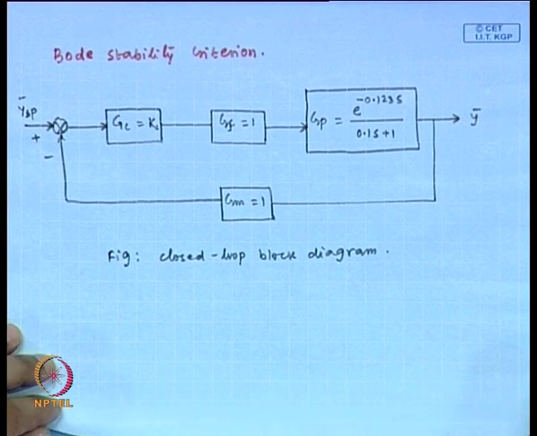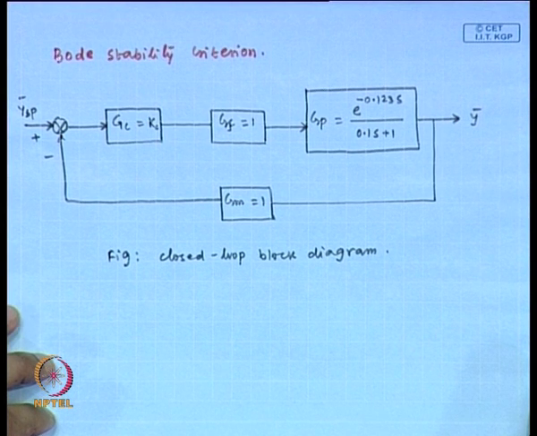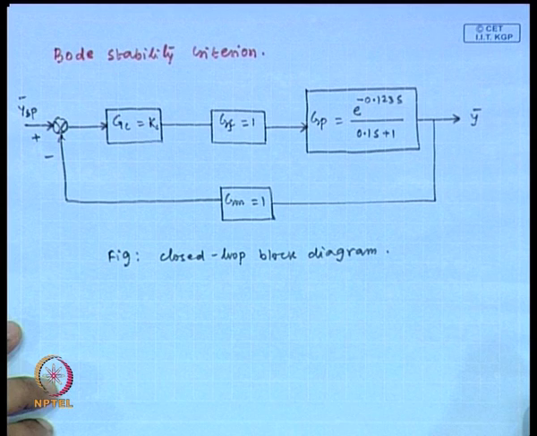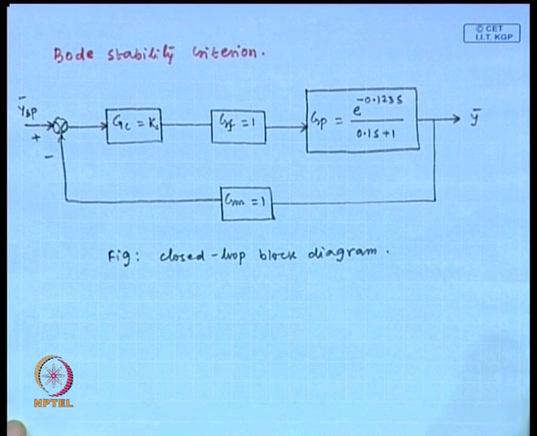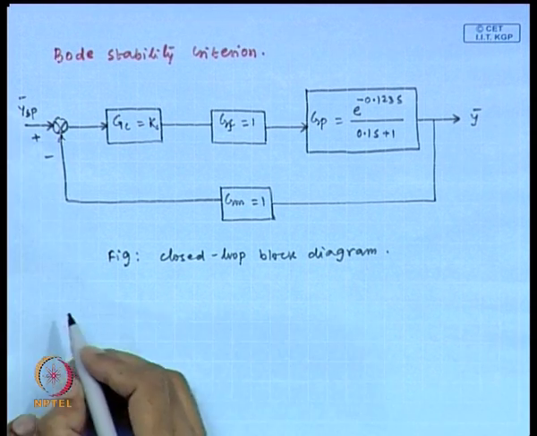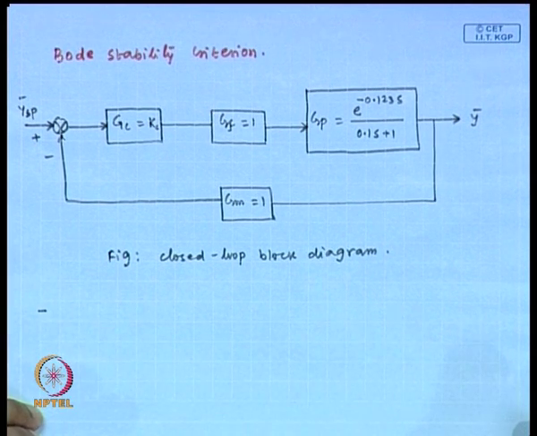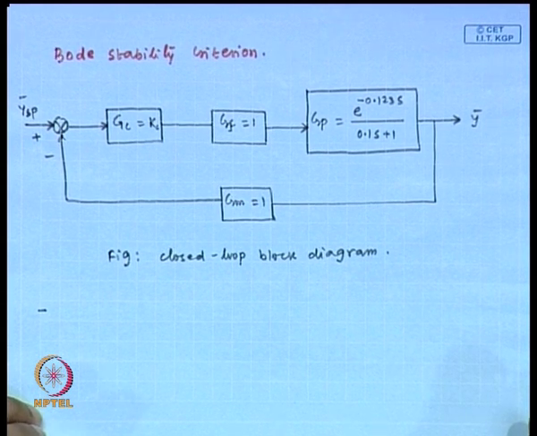Now, you know that for constructing the Bode plot, we need the expression for amplitude ratio and phi. Now, for deriving the expression for amplitude ratio and phi, what we need?